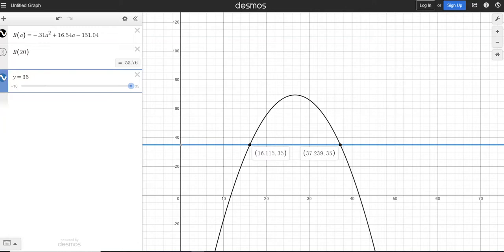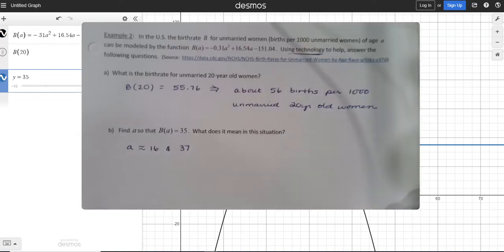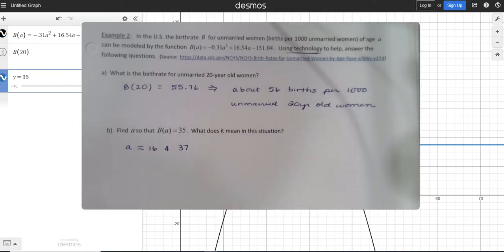So it looks like the inputs, the A values, would be approximately 16 and again approximately 37. A, remember, stands for age, so it kind of makes sense to round these off to nearest whole numbers. So I'm going to go with 16 and 37. We have the output of 35. All right, those are ages.